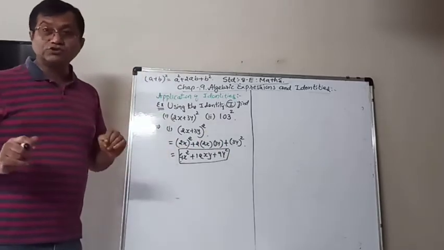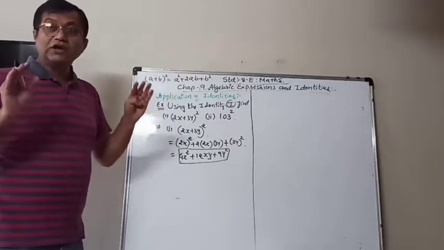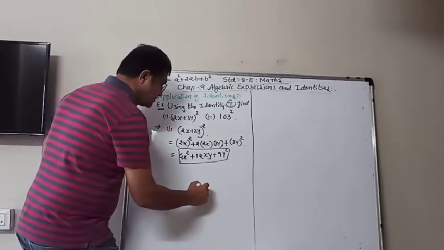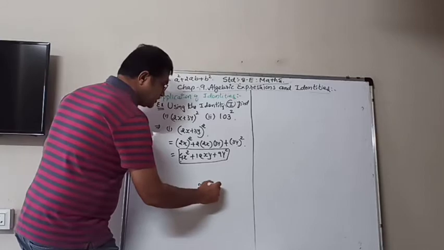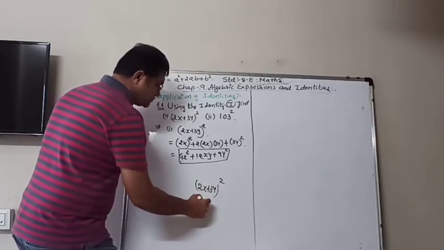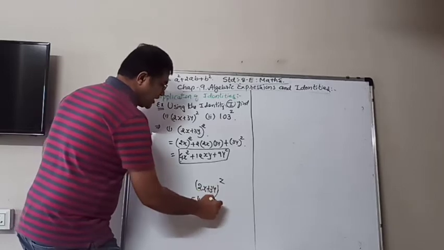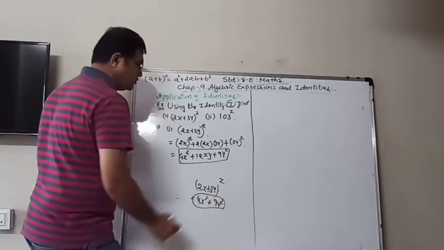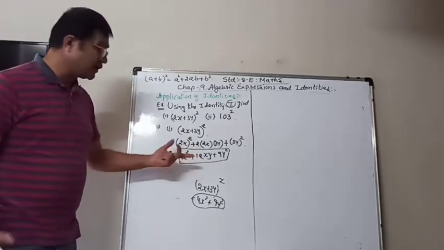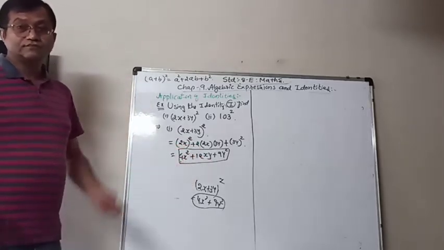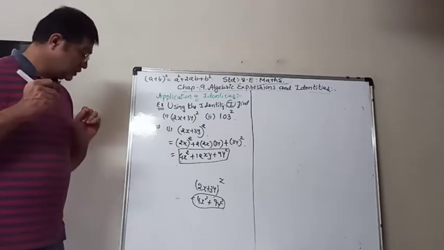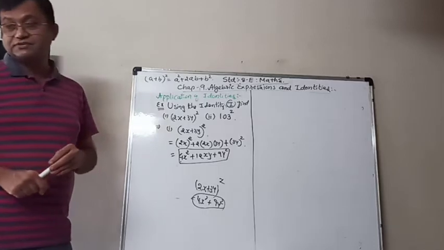But what do students do if they don't know the identity? They write (2x plus 3y) square, so 2x square is 4x square, 3y square is 9y square. They will write this answer. Where has the 12xy gone? They eat it because they don't remember the identities.